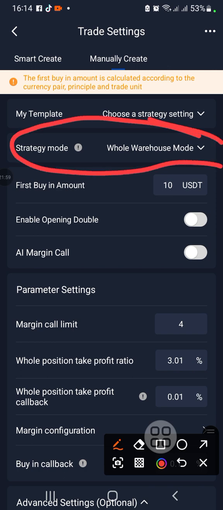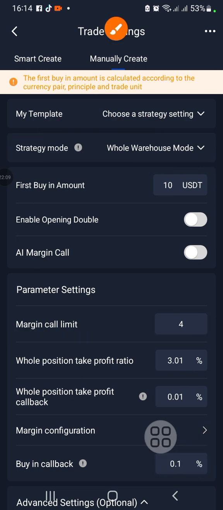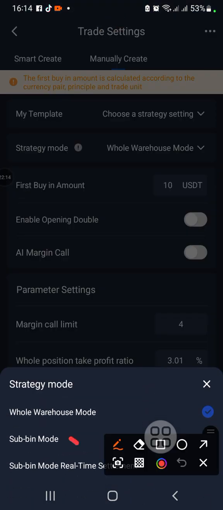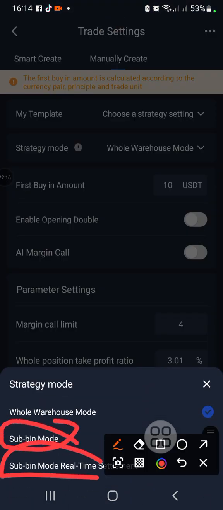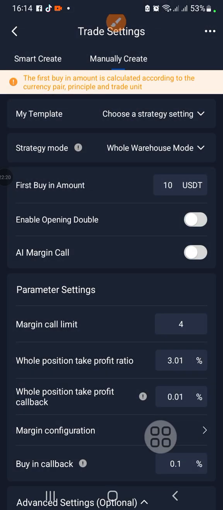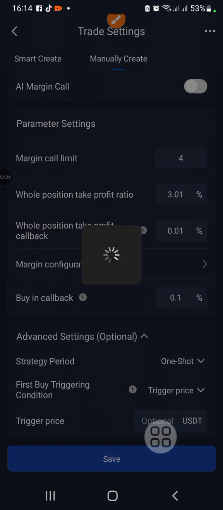Reason being I'm dealing with only 4 margin calls. When you set only 4 margin calls, you cannot change this. It is default, you cannot change to sub-bin mode or sub-bin real-time settlement. So after here you save, confirm.